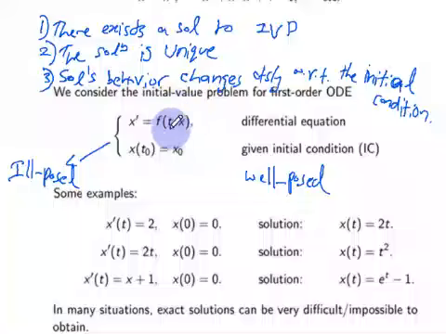X depends on t. So if this function is Lipschitz continuous with respect to the dependent variable, here the dependent variable is x. If this function is Lipschitz continuous with respect to x, then we say this system has a unique solution.